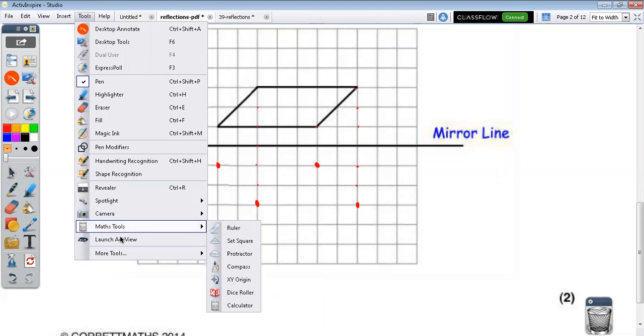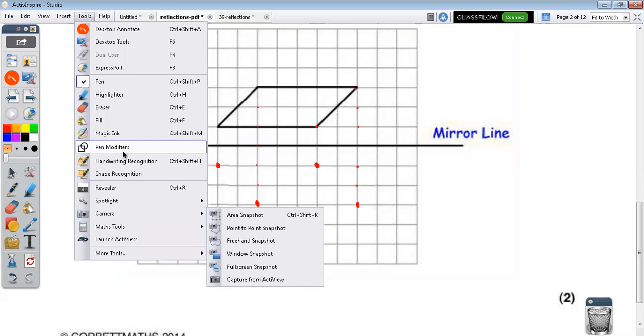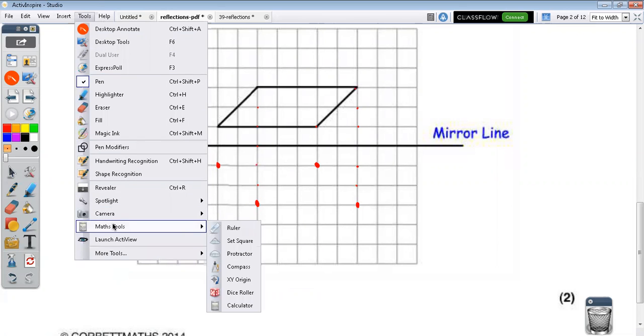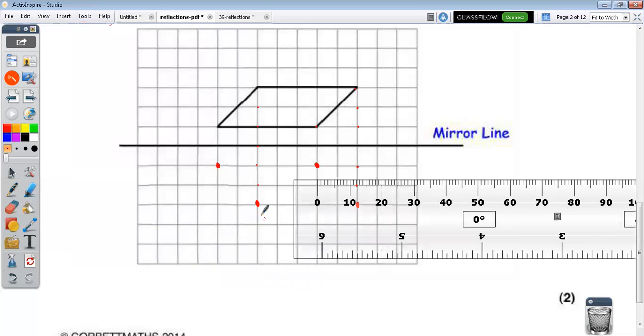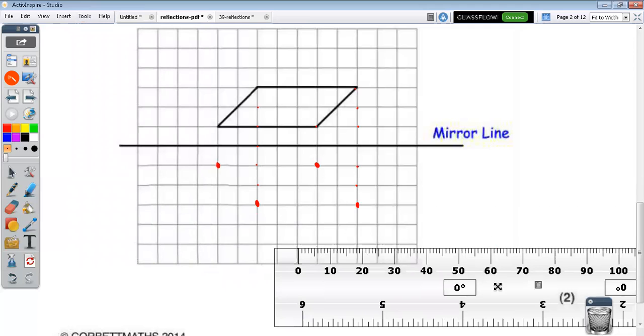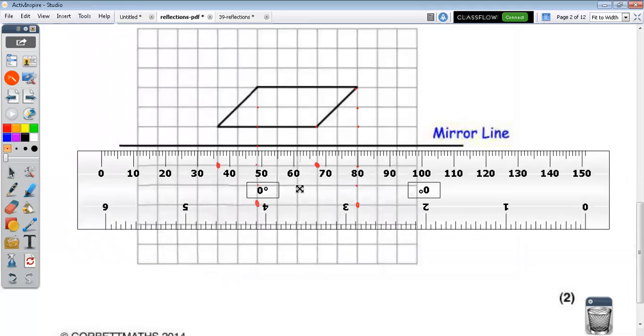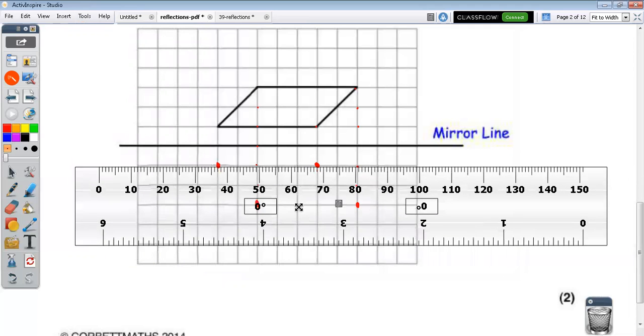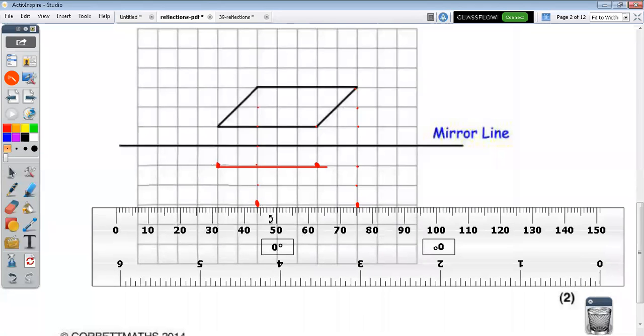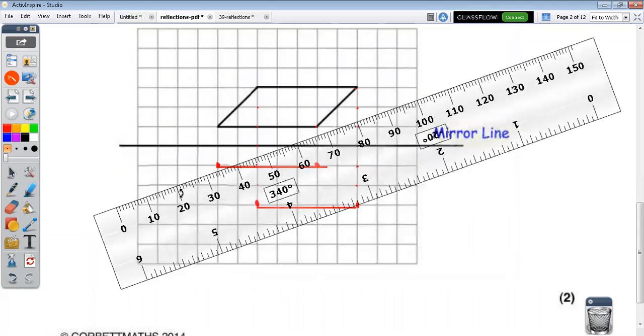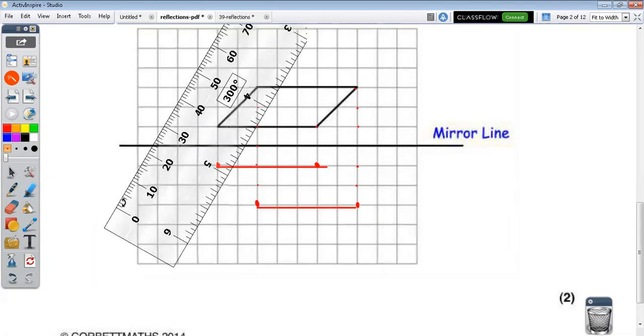I didn't want to use it, but I might be forced to. Then you've got your shape. So reflection is the easiest, like I said.